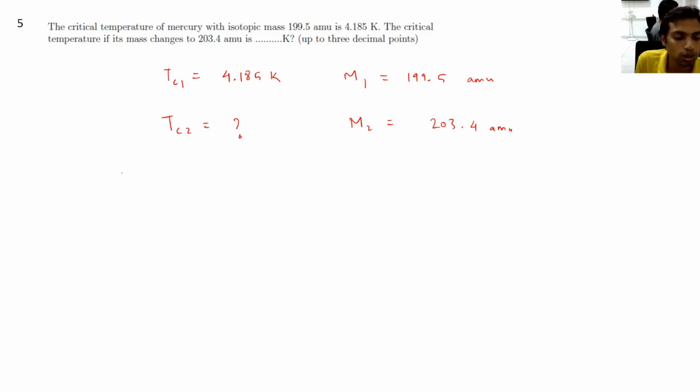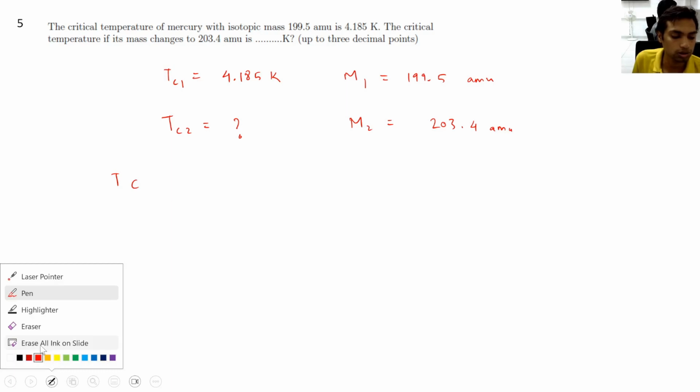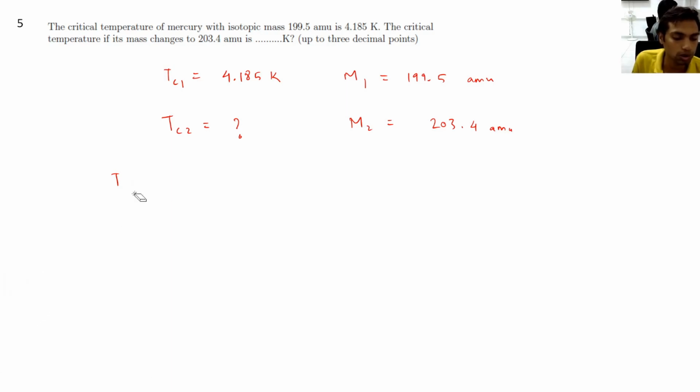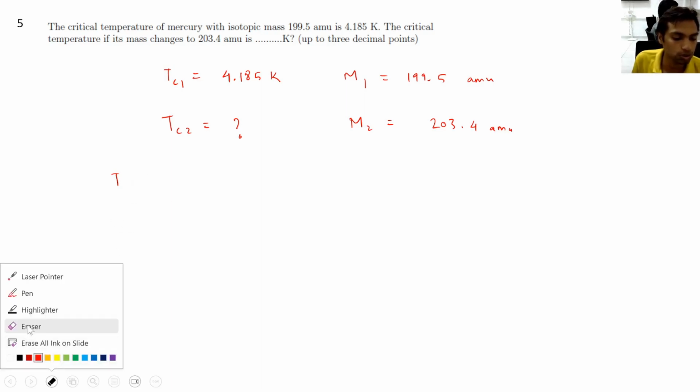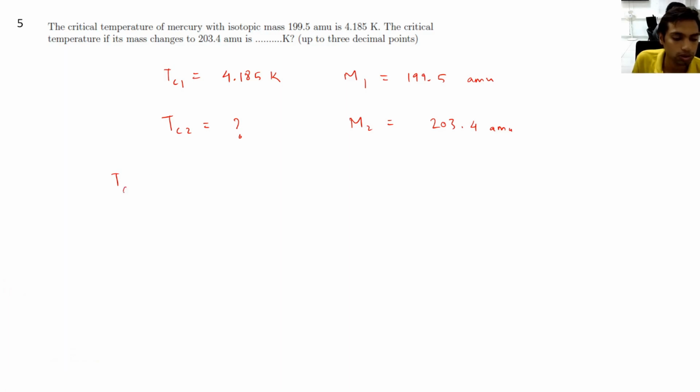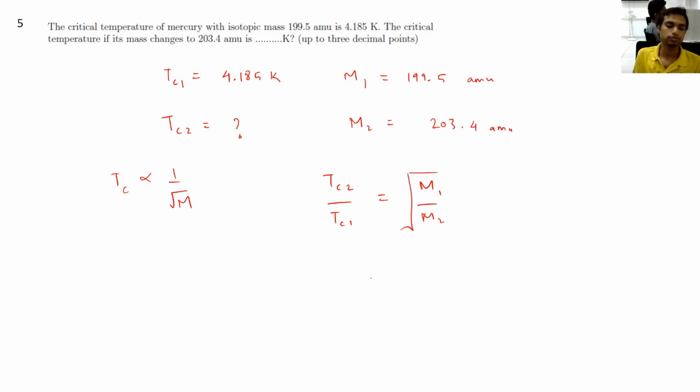We know that the critical temperature is inversely proportional to the square root of the isotopic mass. So Tc2 over Tc1 is equal to the square root of M1 over M2.